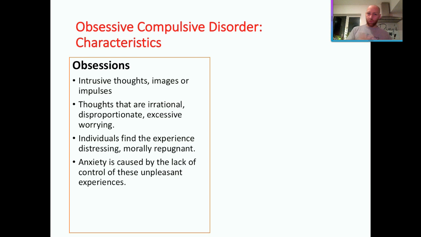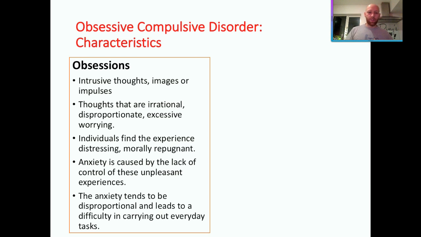Whenever we lose control or we're frustrated, it tends to cause anxiety. The anxiety tends to be blown out of proportion and is disproportionate to the situation. But this can make carrying out everyday tasks quite difficult. So that represents the obsessions angle.